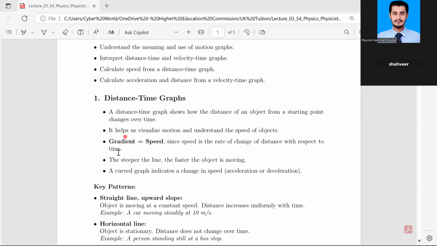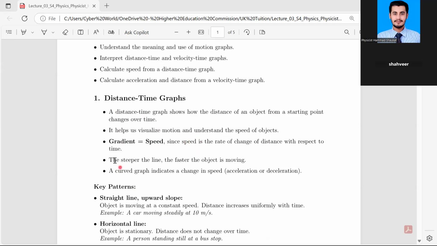I will show you later what gradient actually means. Speed is basically the rate of change of distance, and we are already making a graph of distance over time, so we are able to find the speed.